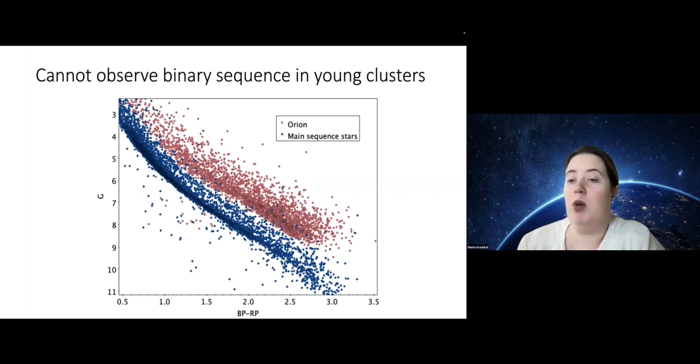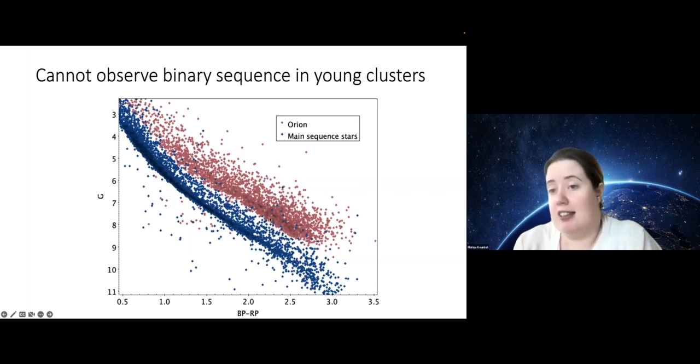Everything kind of piles on top of one another. It becomes hard to distinguish a star on the binary sequence that is older versus a younger star that is single. So we need some additional methods to confirm that even at these ages, these rapid rotators are binaries.